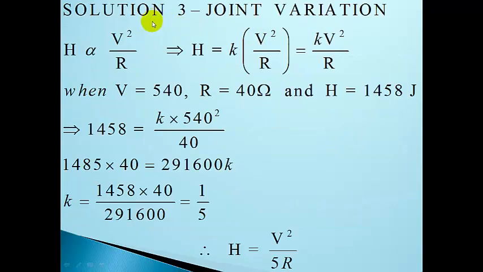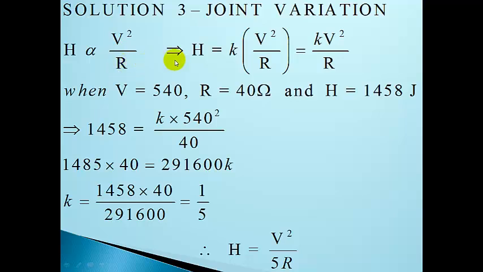From the question, we know that H varies directly as the square of the voltage. And inversely, that is why it's over R, and inversely as the resistance. So H varies directly as the square of V and inversely as the resistance.